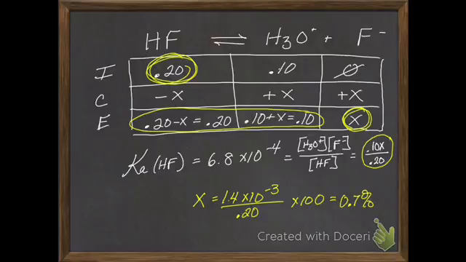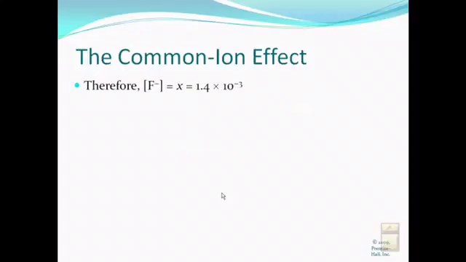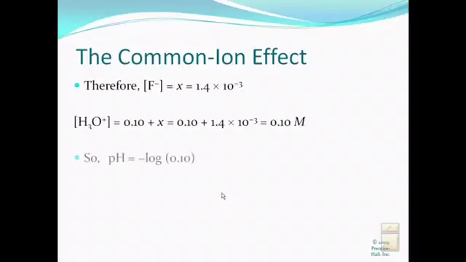I get 0.7%, so we can assume that X was so small that it could be ignored. Bravo! So your fluoride ion is equal to X, which is 1.4 times 10 to the negative 3. Your total hydronium ion concentration is 0.10 plus X, which is equal to 0.1. That's really easy, so your pH is 1.